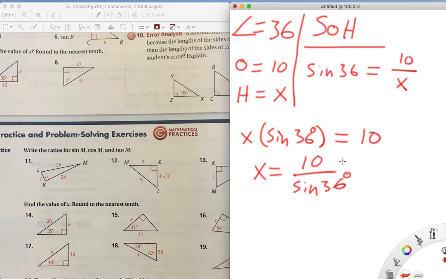Remember to set your calculators to degrees. I get that x is equal to 17.0, or 17. Either one is fine. This one was a little different from the last one because we have the hypotenuse that we're looking for. We just had to multiply both sides by x and then divide by the sine of 36. And you get 17.